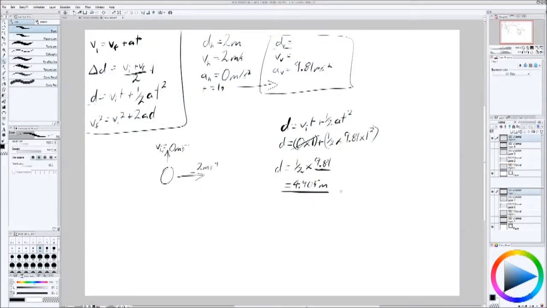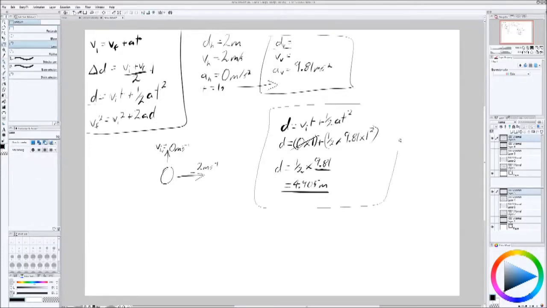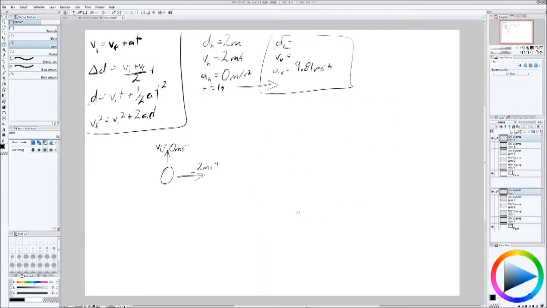So, an important part of science is always questioning things. In this case, the question is, okay, what gravity do these angry birds live on? Let's figure that out. If we assume, so we'll get rid of this section because this was clearly wrong, because when we looked at it, it's wrong.